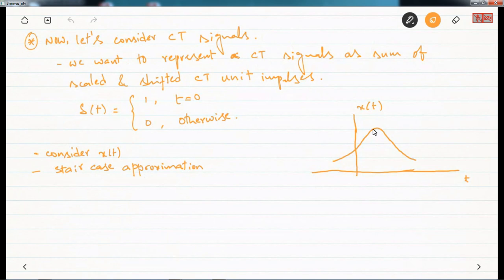So this is x of t, and we will be doing a staircase approximation to x of t.